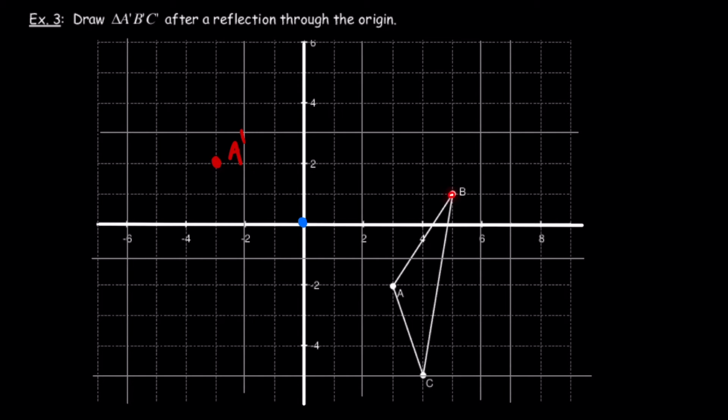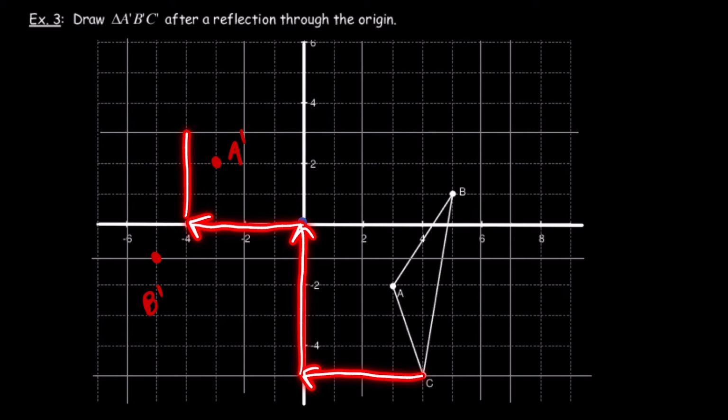For B, I have to go left 5, down 1, so B prime goes right there. And finally for C, it looks like I have to go left 4, up 5, so C prime would go right there.